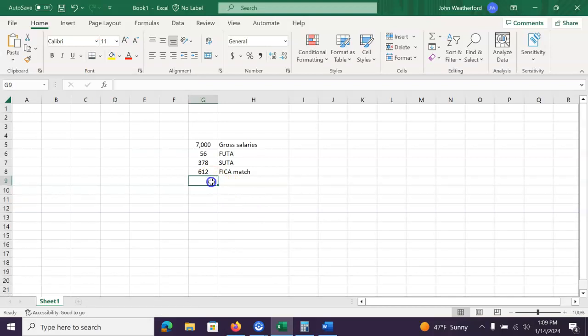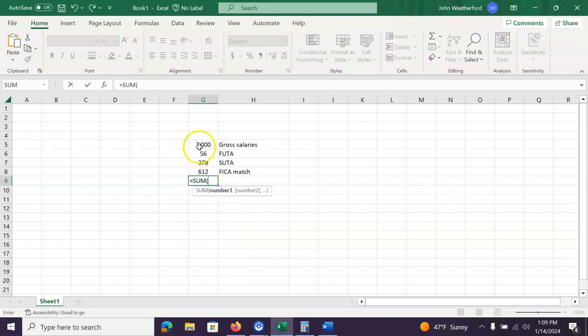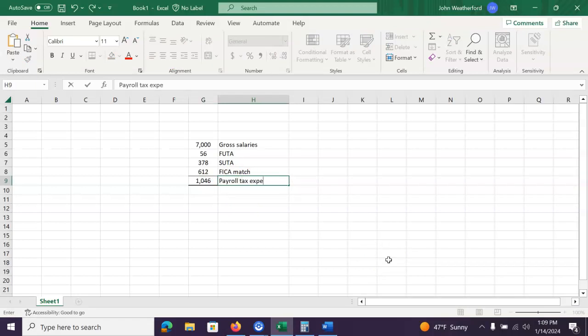We'll hit equals sum, and then you can double click on sum and highlight what you want to add together. So the employer's share of payroll taxes, $1,046. That's the debit to payroll tax expense.